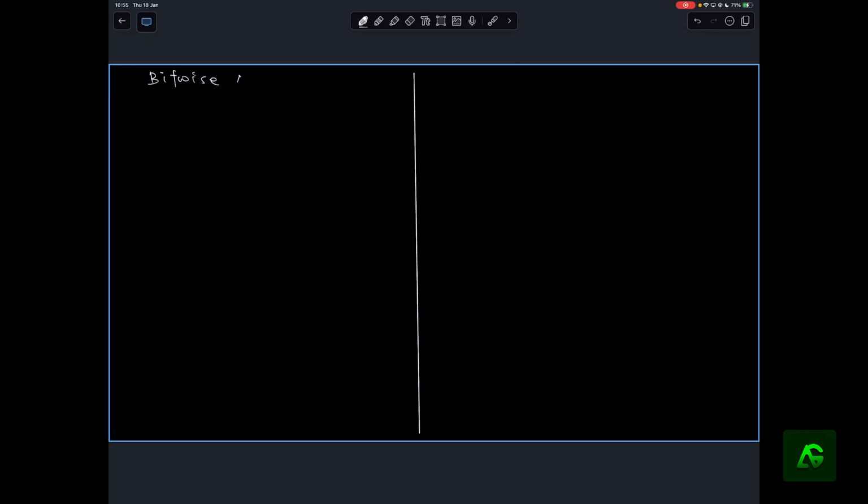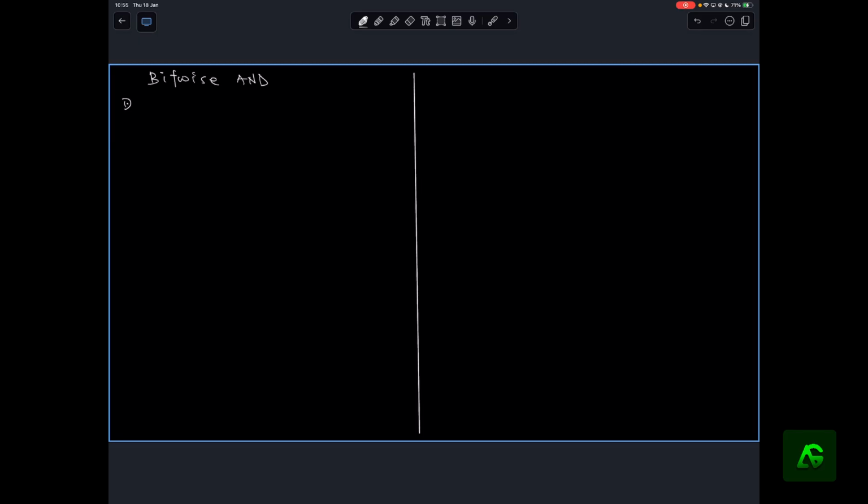We want to look at bitwise AND. This bitwise AND is like the normal AND, or is it the same as the normal one that we use?